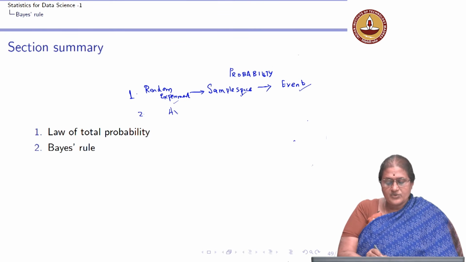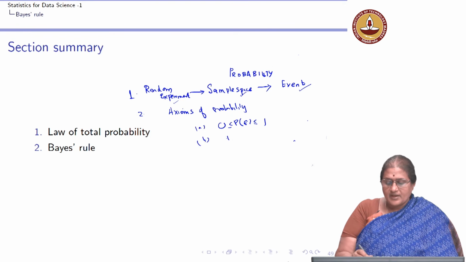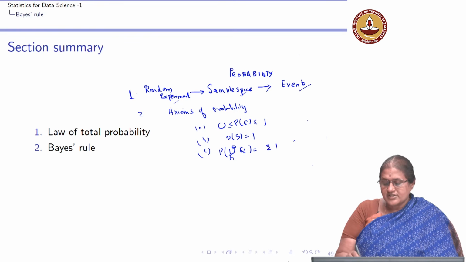Then we introduced the axioms of probability, namely probability of any event would lie between 0 and 1, probability of the sample space is 1, and the probability of a countable union of disjoint sets is the sum of the probabilities.